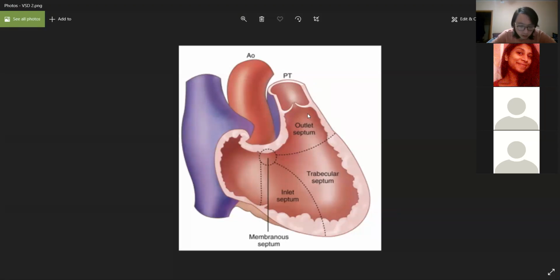Now, from the names, it's clear that the location is underneath the pulmonary valve, and because of this, there is a higher risk for regurgitation as well.